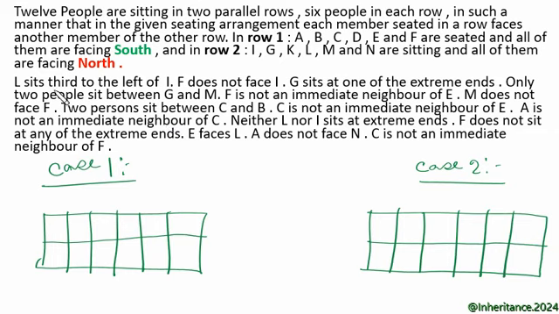Now let's see. L sits third to the left of I, if L does not face I. So if we start with L and I, we know that they are in the second row, so they must be here. Now see, L sits third to the left of I. So if I is here, then L is 1, 2, 3, L is here. Now see, neither L nor I sits at extreme ends.